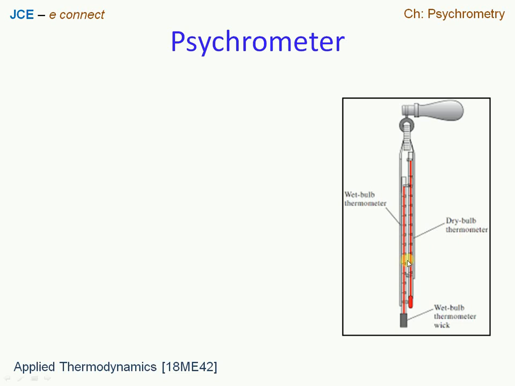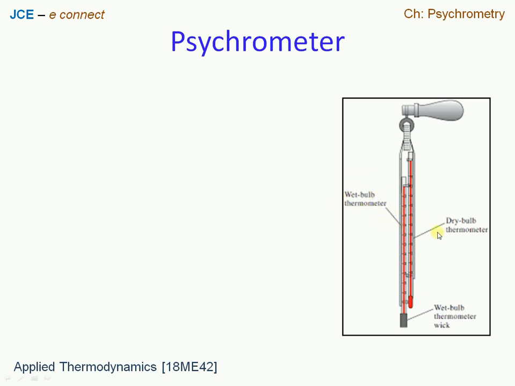On the left side we have another thermometer, and this thermometer has a wetted cotton wick which is fully saturated, wrapped around the bulb. Whatever temperature this thermometer indicates is called the wet bulb temperature, and therefore this is a wet bulb thermometer.